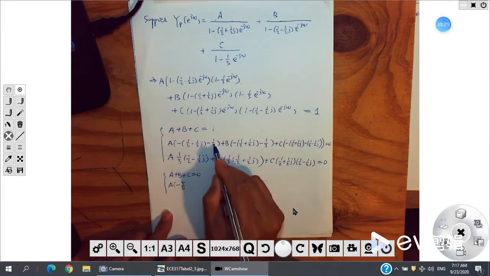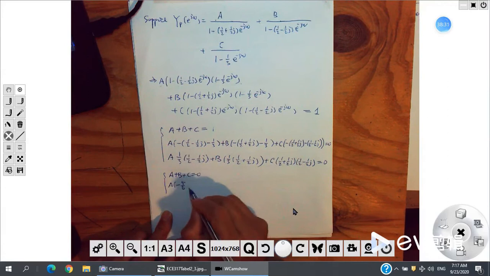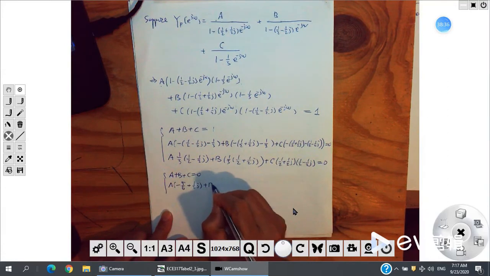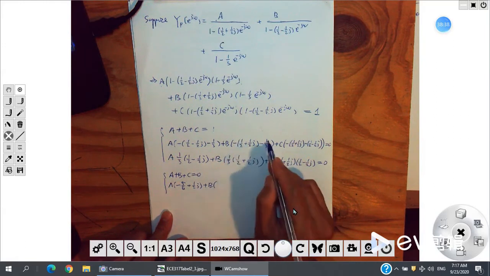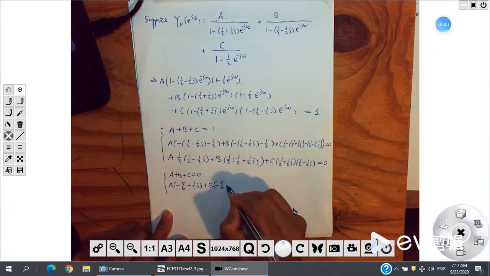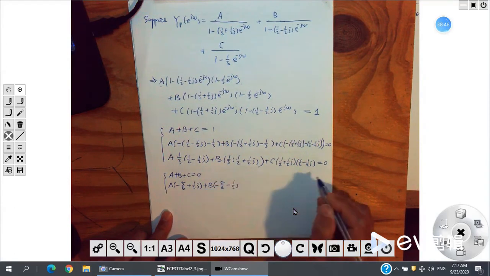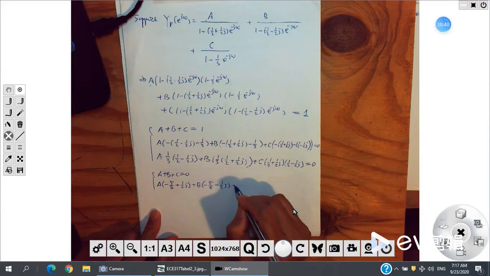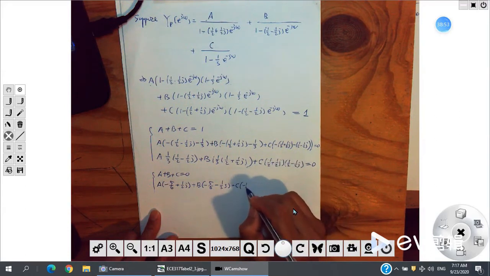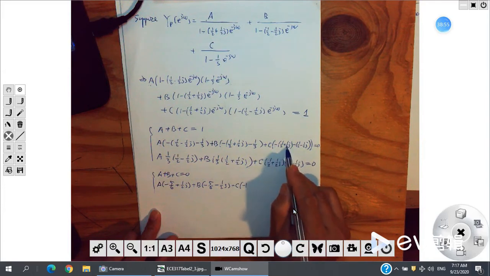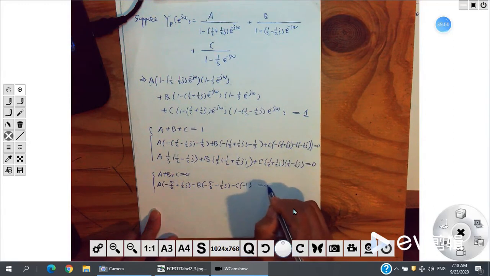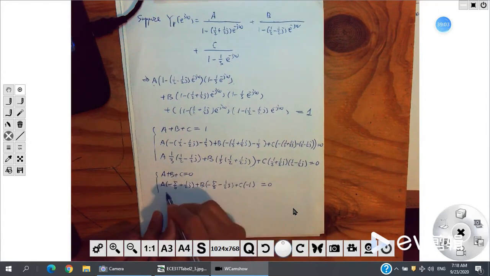Half and 1/3 is 5/6, and plus 1/2 j. This is the a coefficient. And the b with coefficient negative half, negative 1/3 is still negative 5/6, and minus 1/2 j. And c now is a negative, I get negative 1, and negative 1/2 j and positive 1/2 j, they cancel. Okay, it's 0.